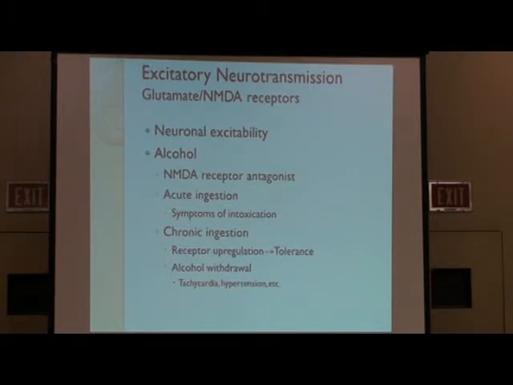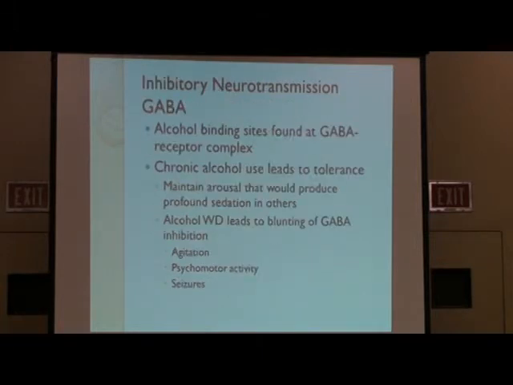When that occurs chronically over time, you get receptor upregulation. Patients begin to develop tolerance to that. And then when the alcohol is abruptly withdrawn, you get the excitatory response that is associated with the NMDA receptor. And so then you get tachycardia, hypertension, those kinds of symptoms.